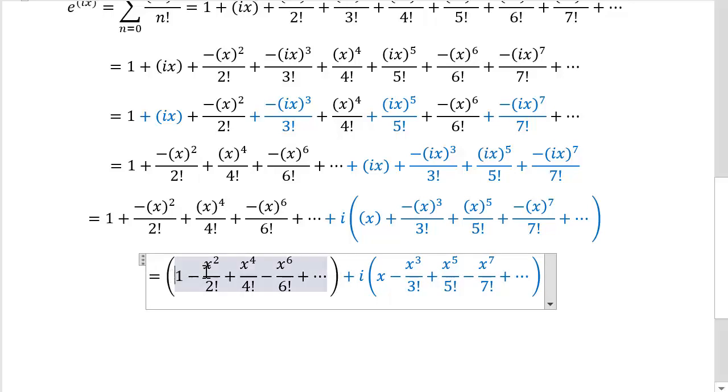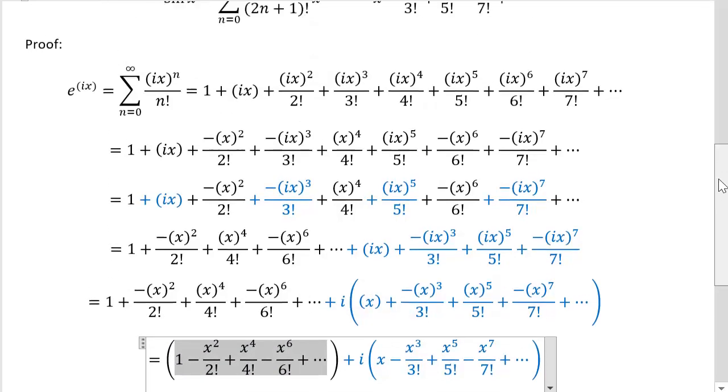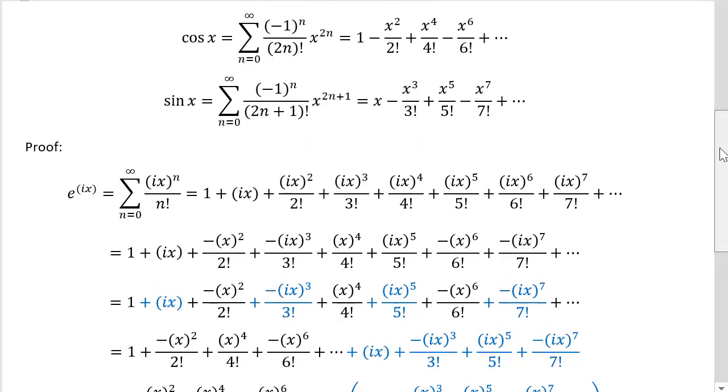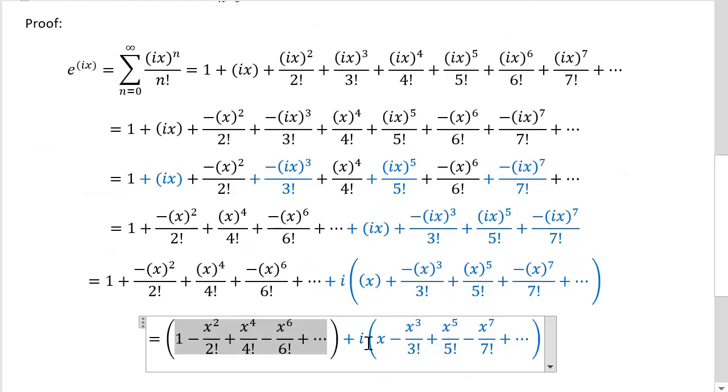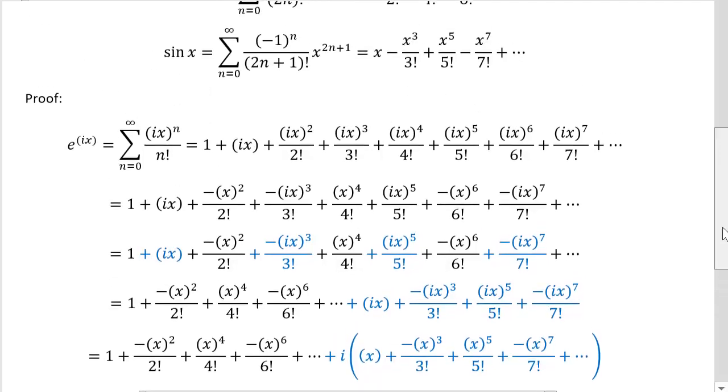This thing in the first set of parentheses looks like it's an even function, and if we take a look at our even trig function over here, it's the cosine function. And then the term next to the i looks like it's an all odd powers alternating series, and that looks just like the sine function.